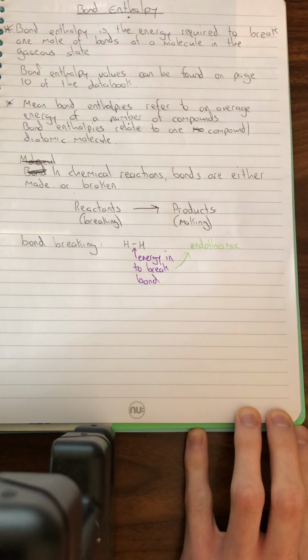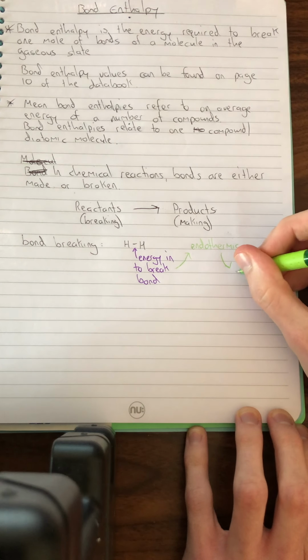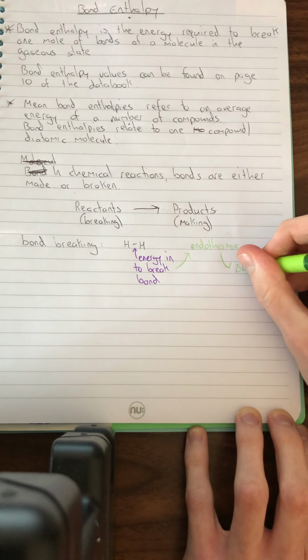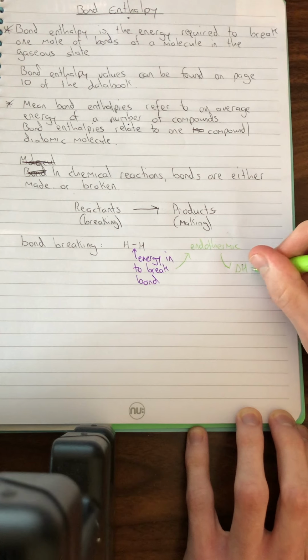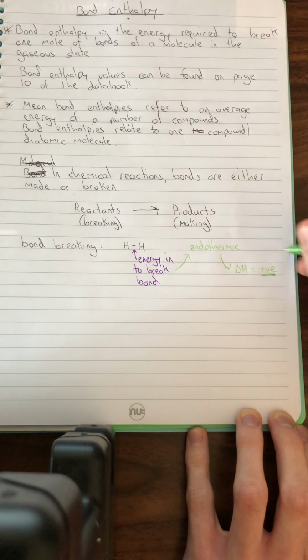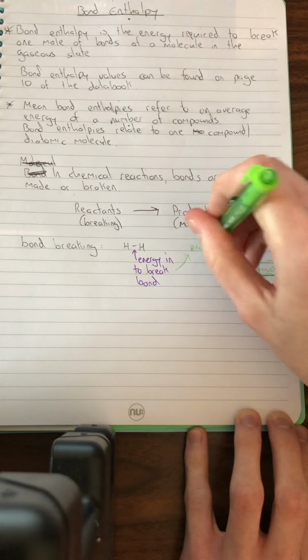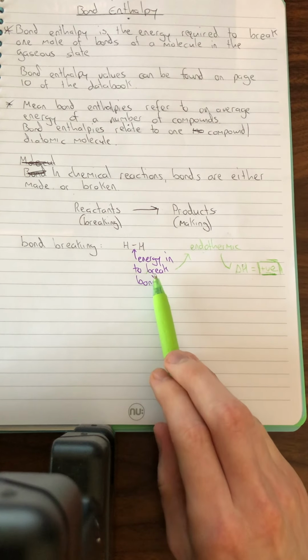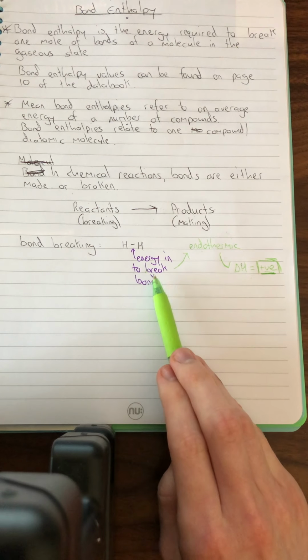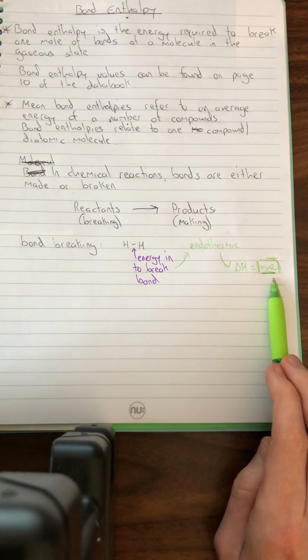If that's endothermic, you should know from ionization energy that the delta H is positive. You need to know all three of them. So when we're breaking bonds, we put energy in, that's endothermic, and if it's endothermic, that's positive.